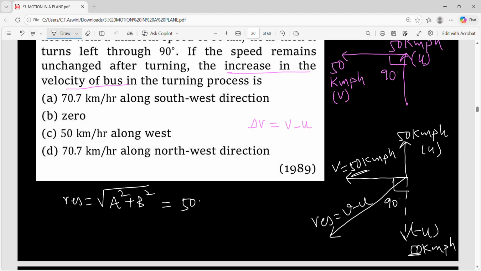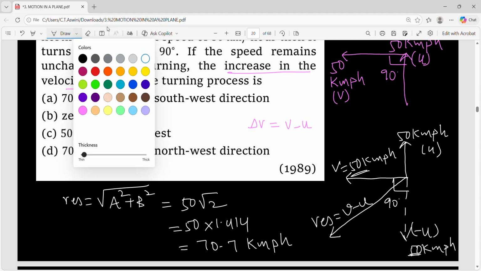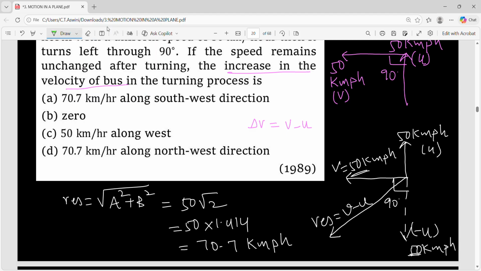Vector into root 2. So it is 50 into root 2. So root 2 is how much? 1.414. Simplify this, you will get the answer as 70.7 kilometers per hour. Now what is the direction of the resultant velocity? This is west, this is south, and this is the resultant. So the direction is southwest. Answer is option A.